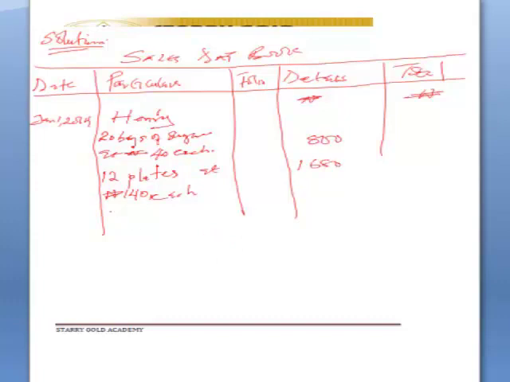So the total transaction of Henry is 2480.